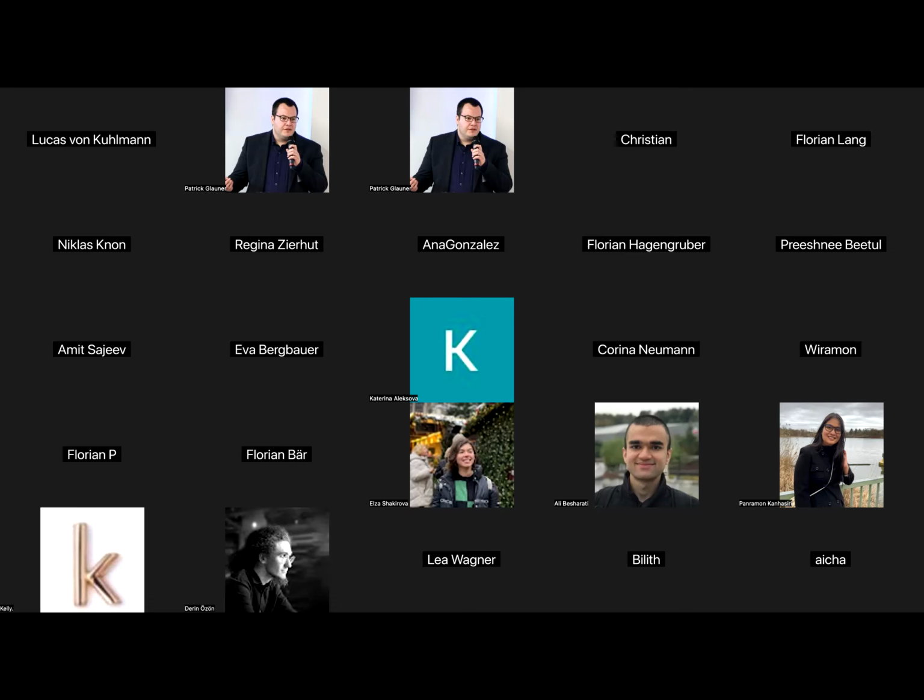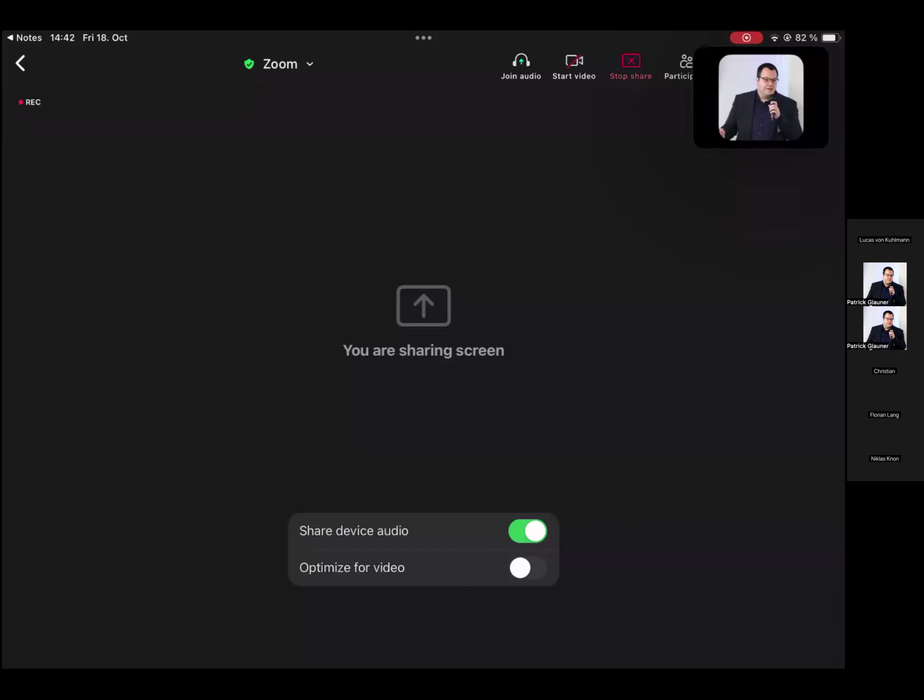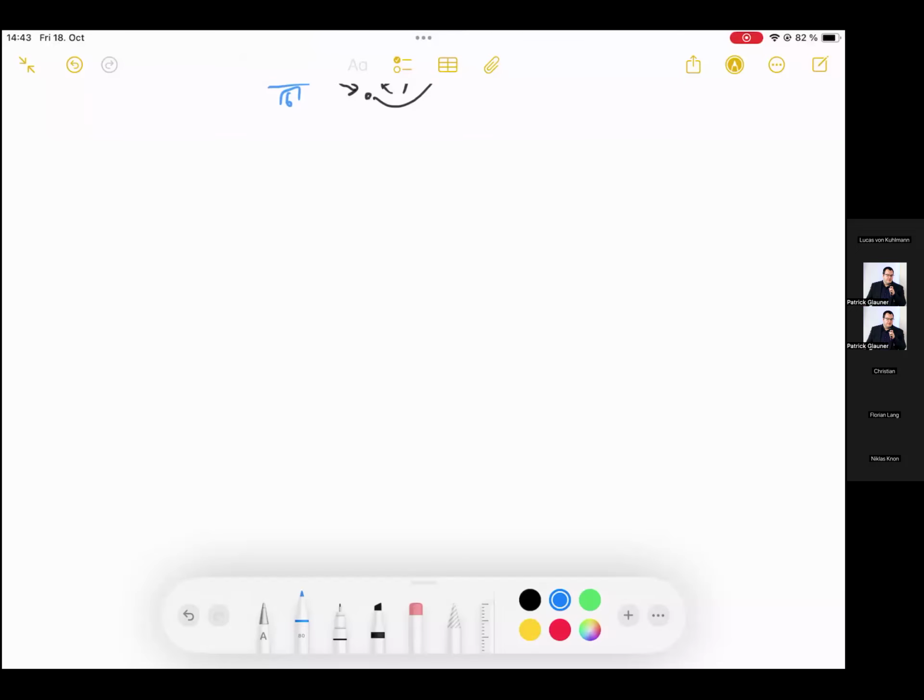For this, I will go back to the iPad and show you these systems, and then we'll see how we can assemble them. The way we assemble them is exactly the same.